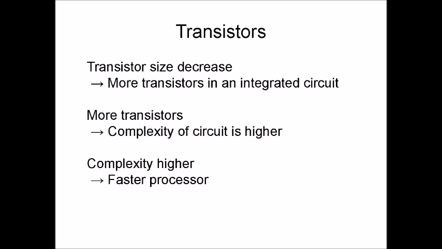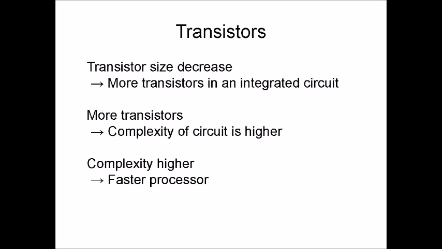As you can hear time and again, the number of transistors you can pack inside an integrated circuit determines the complexity of the circuits. And the complexity of the circuit determines the speed of the circuit. That means the more transistors in an integrated circuit, the more complex the circuits. The more complex the circuits, the faster the circuits.